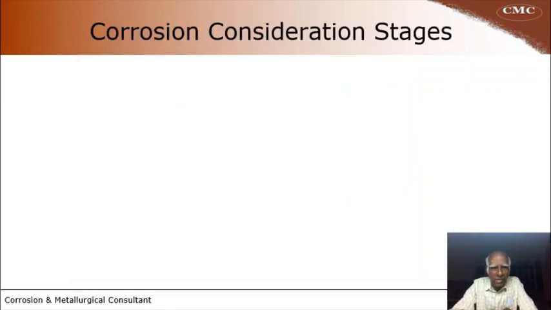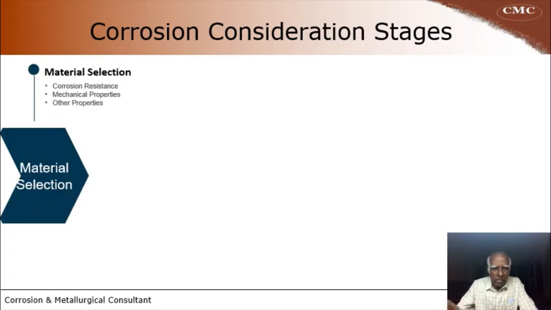There are various stages in assuring corrosion resistance of a chemical process equipment. First is the material selection. The material selection should consider corrosion resistance, mechanical properties, and other properties like thermal conductivity.